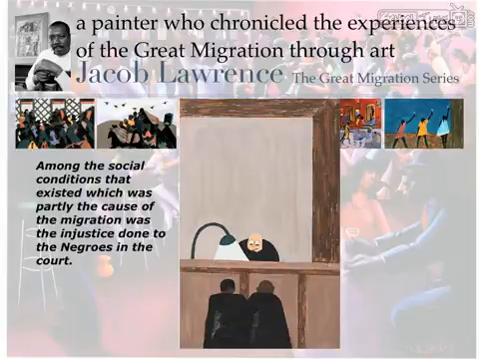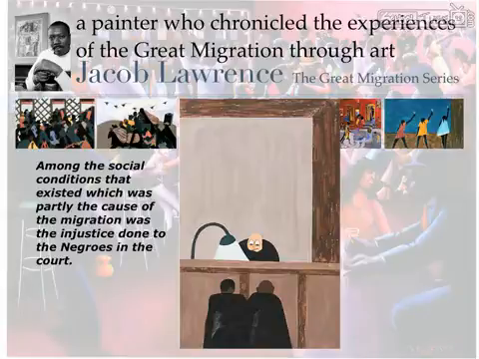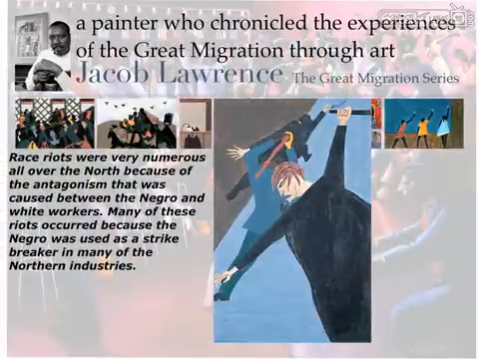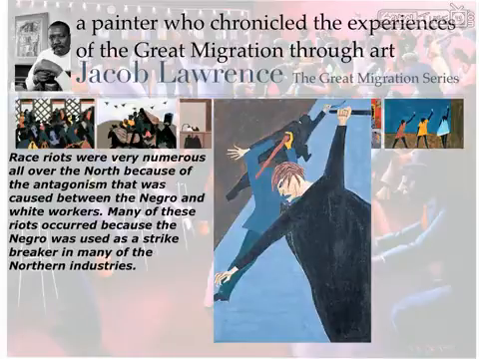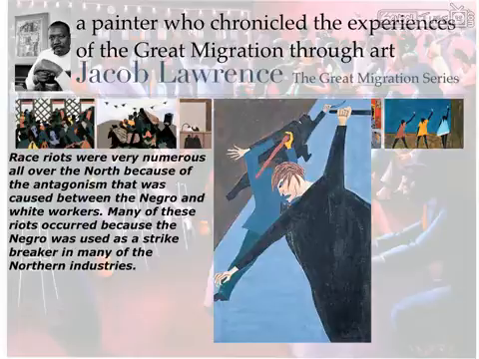So this one's meant to show the unfairness of courts against African Americans. This one showing some of the race riots that did take place in cities like Chicago. Again, not very realistic like Georgia O'Keeffe's, but it does kind of show the emotion, the feeling, the anger in there.